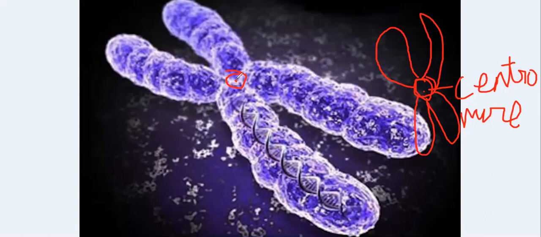So when cell division is happening, the centromere helps to divide the sister chromatids from each other. In detail we can learn in my video on cell division, which will be coming soon, where we can see in detail how the cell divides.